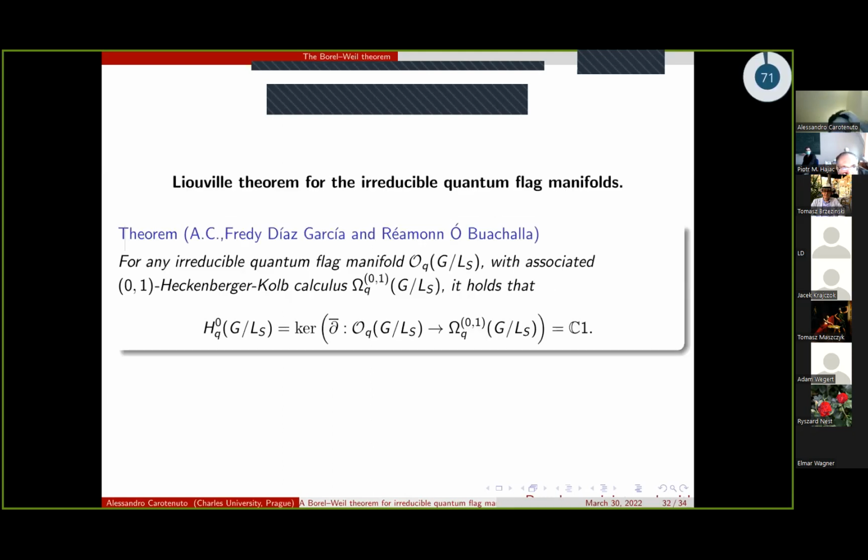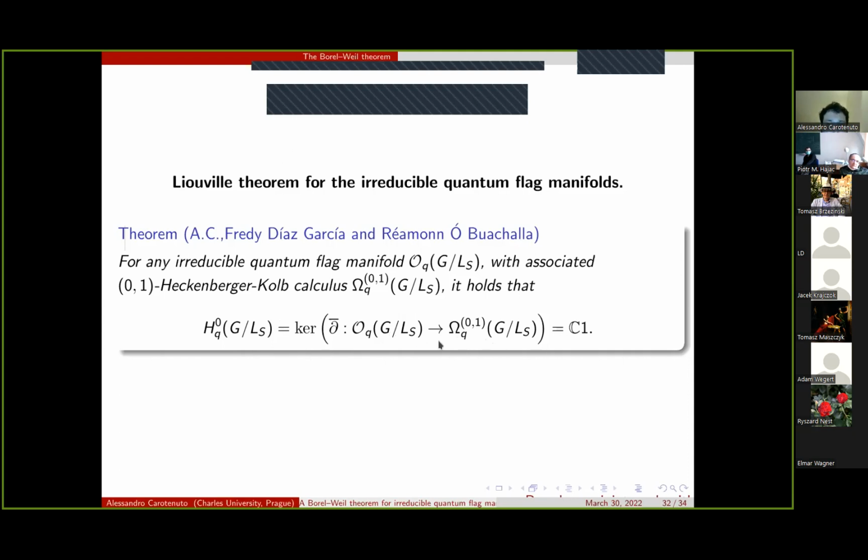Let me just point out one important middle step in the proof. That is what I think we legitimately called the Liouville theorem for the irreducible quantum flag manifolds. For any irreducible quantum flag manifold, we can look at the space of holomorphic sections of the line bundle.